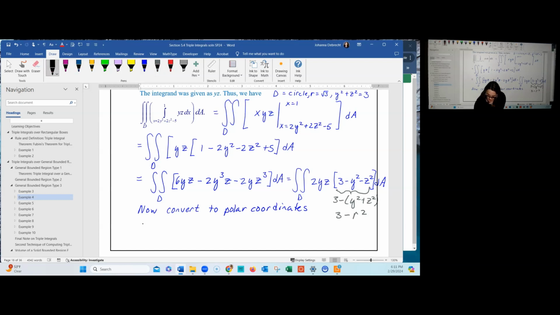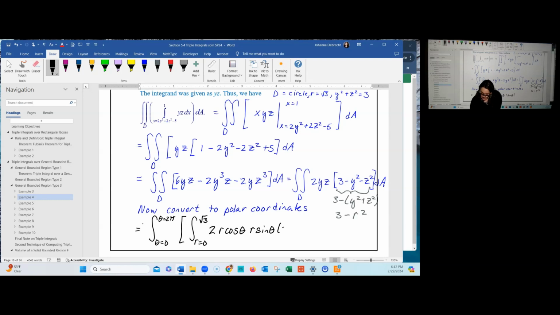We will get the iterated integral from theta equals 0 to theta equal 2 pi. And then the inner integral becomes the integral from r equals 0 to the square root of 3. 2 stays 2. Y becomes r cosine of theta, and z becomes r sine of theta.